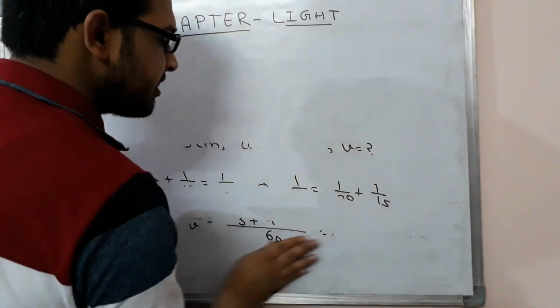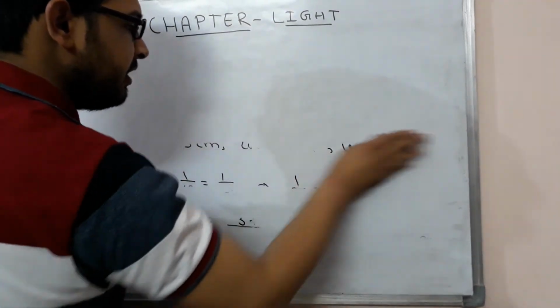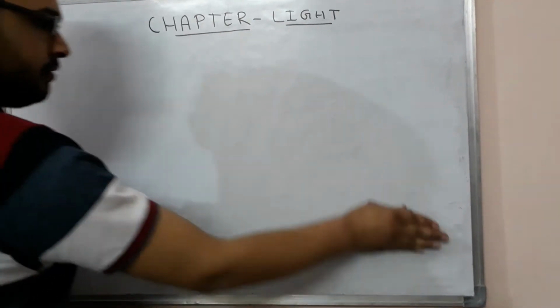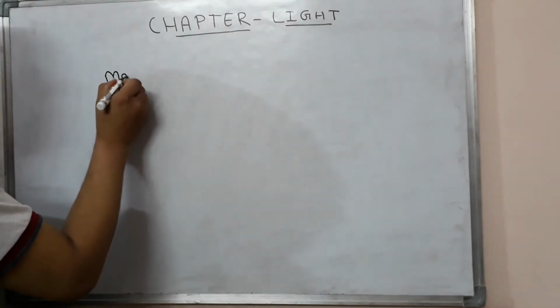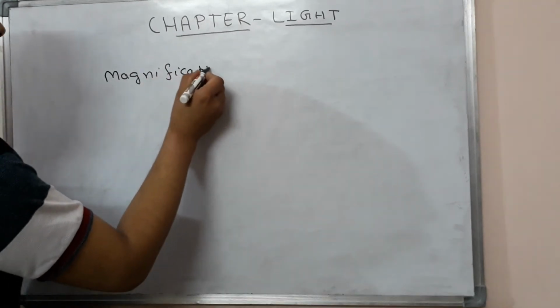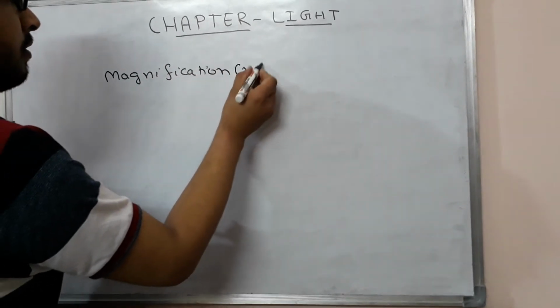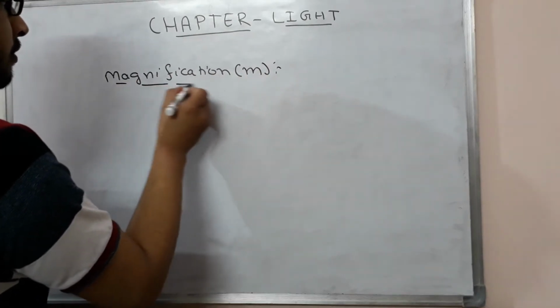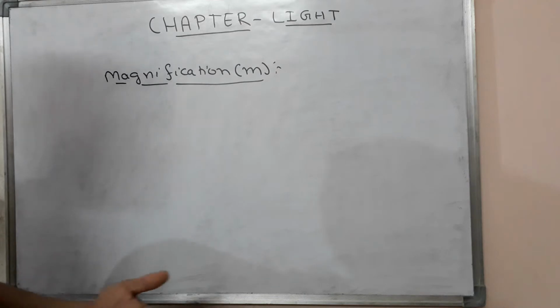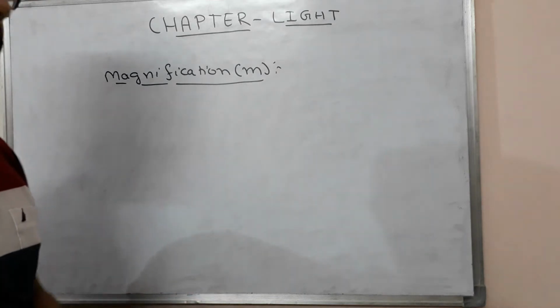Before doing that, let's discuss the concept of linear magnification. What is magnification? Magnification means the size of the image we are getting with respect to the object size.